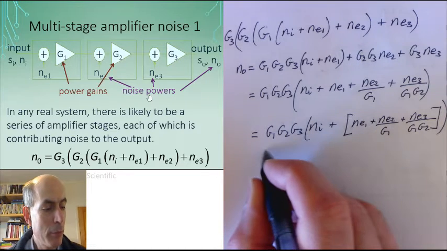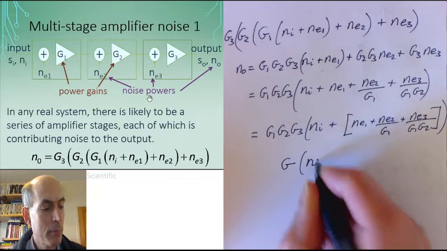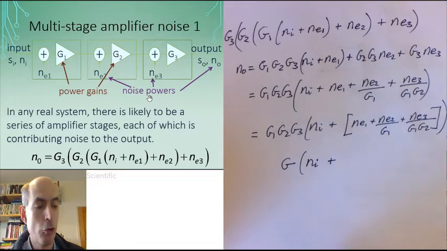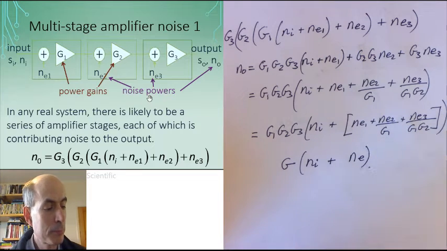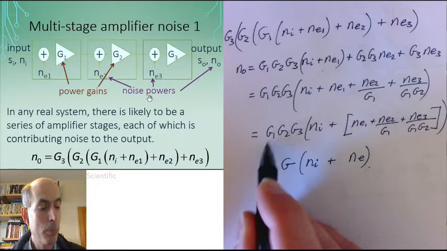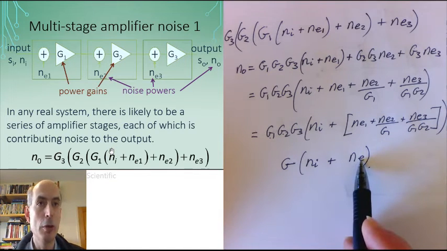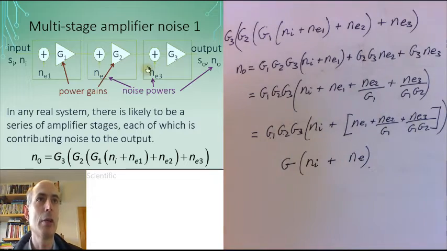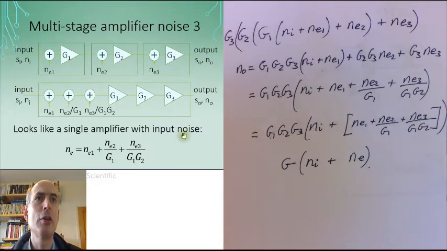We have the gain of the amplifier here, the input noise, and then the equivalent input noise coming from the amplifier, Ne, where the gain is now the product of the gains of each of our stages, so it's the total gain of our amplifier chain. And our equivalent input noise for our whole chain of amplifiers here is given by this expression here. We can think about this in terms of moving the gain blocks around as well.